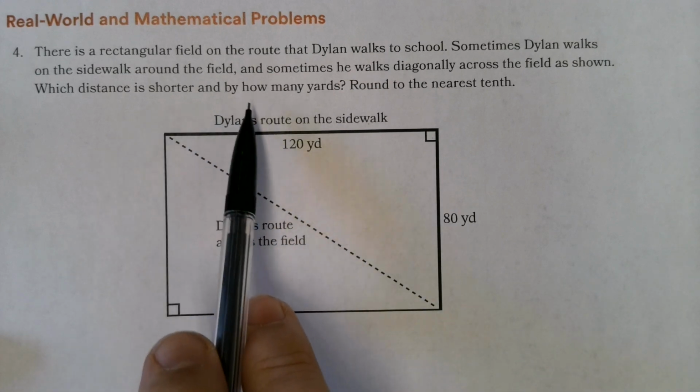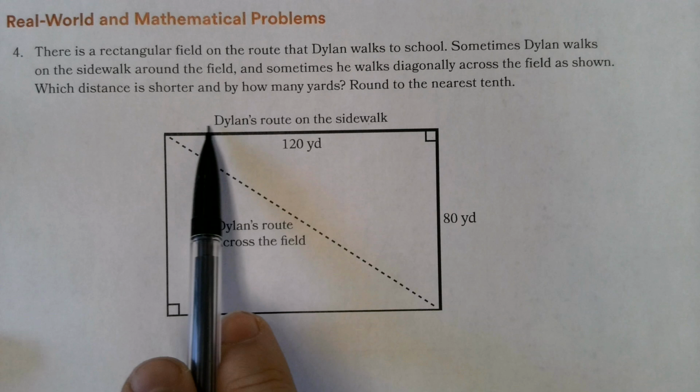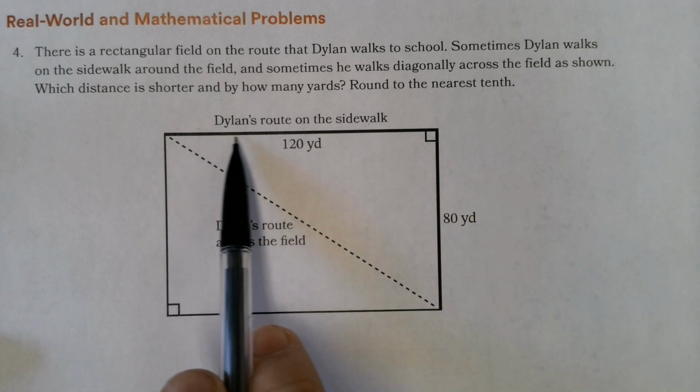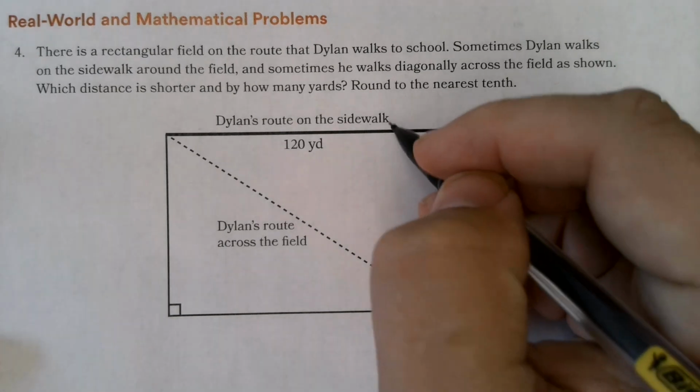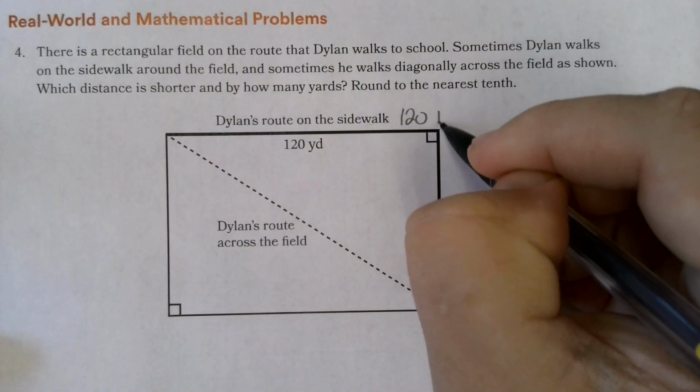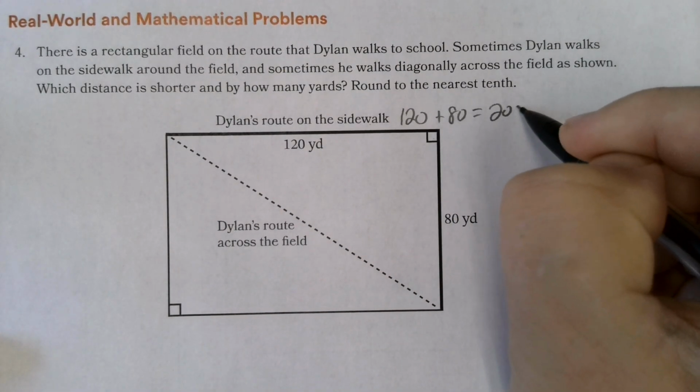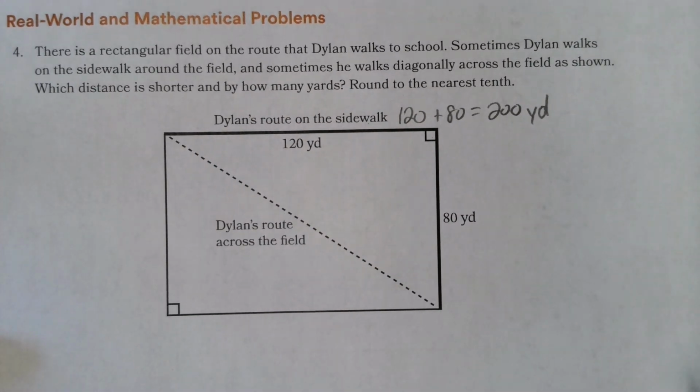We've got to figure out which distance is shorter. Well, Dylan's route on the sidewalk, he goes 120 and he goes 80. So Dylan's sidewalk route is 120 plus 80, which is 200 yards.